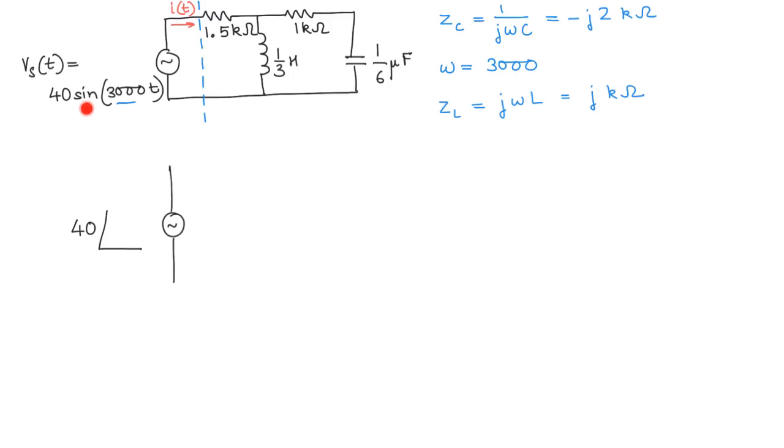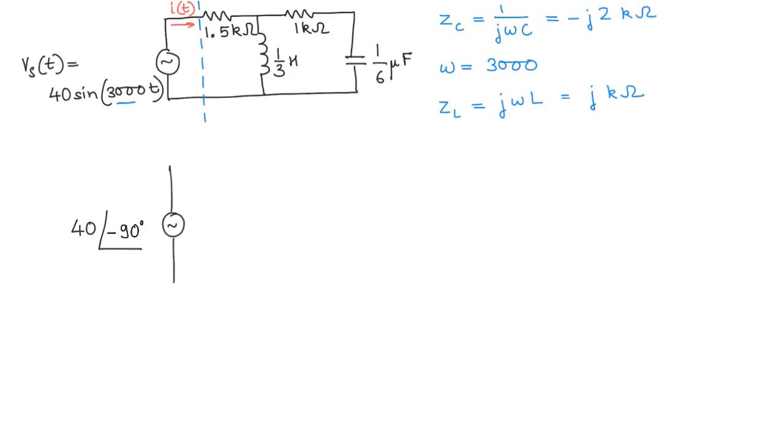As a principle in all our circuit design, let's assume that we are measuring the phase with respect to a cos signal, and the cos signal has 0 phase. So here we can write minus 90 degrees, because that's a sine wave.